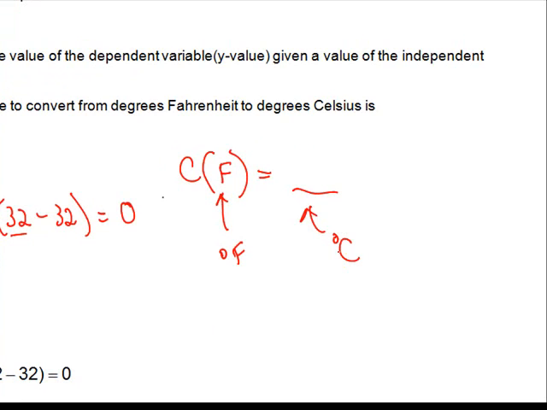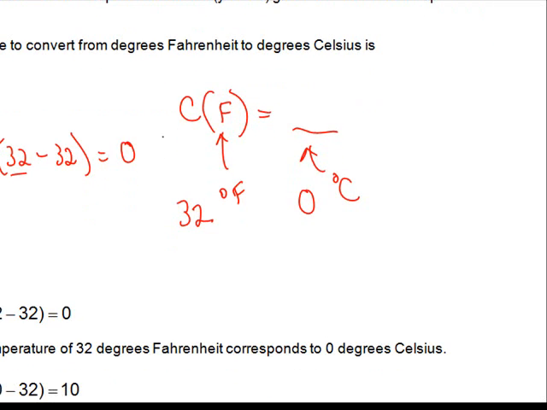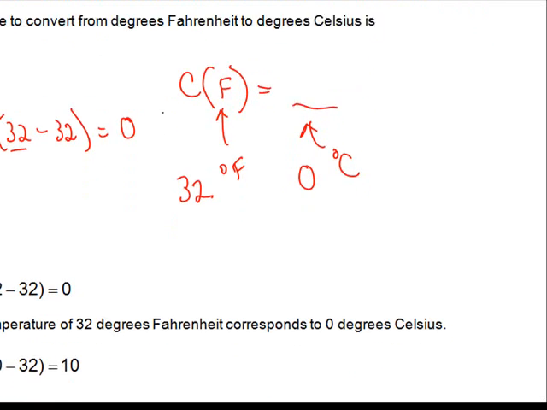And so what we know is we have 32 degrees Fahrenheit, and that corresponds to 0 degrees Celsius. And so what does that tell us? That tells us a temperature of 32 degrees Fahrenheit is equivalent to a temperature of 0 degrees Celsius. And you'll notice when I solved the problem, that's exactly what I had.